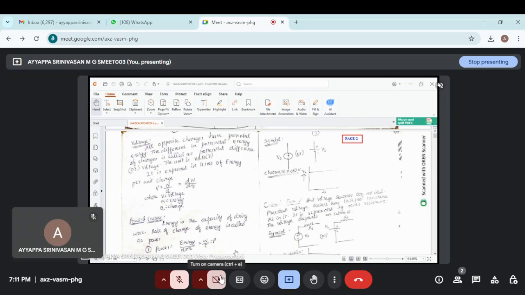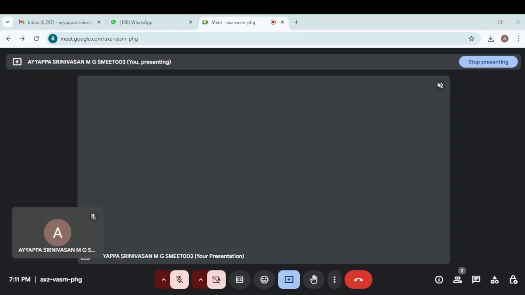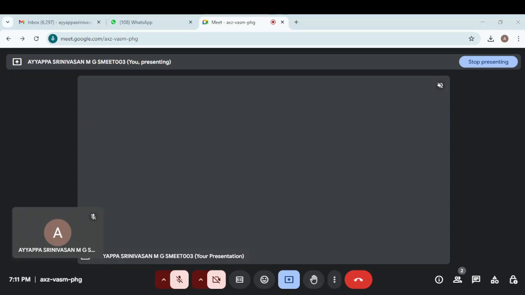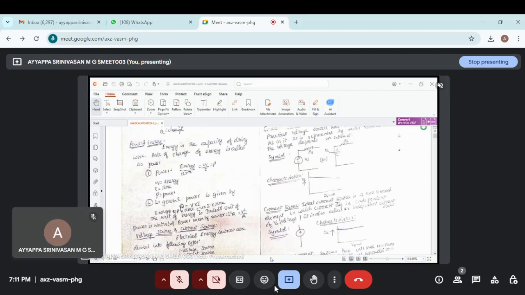So that is the voltage. Then power and energy. Energy is the capacity of doing any work. Its unit is joules, and power is the product of voltage and current, right? So in circuit theory, the unit of energy is joules, and power is what? Watts.